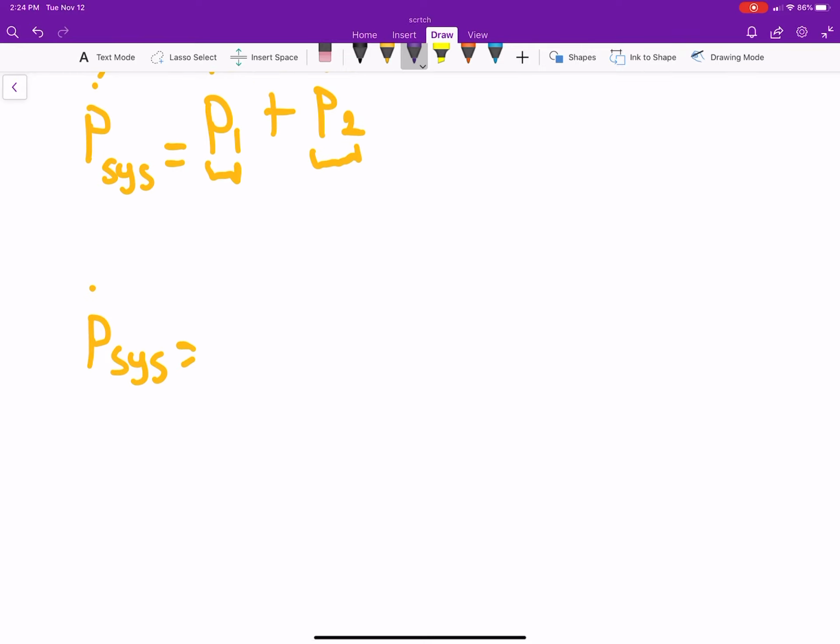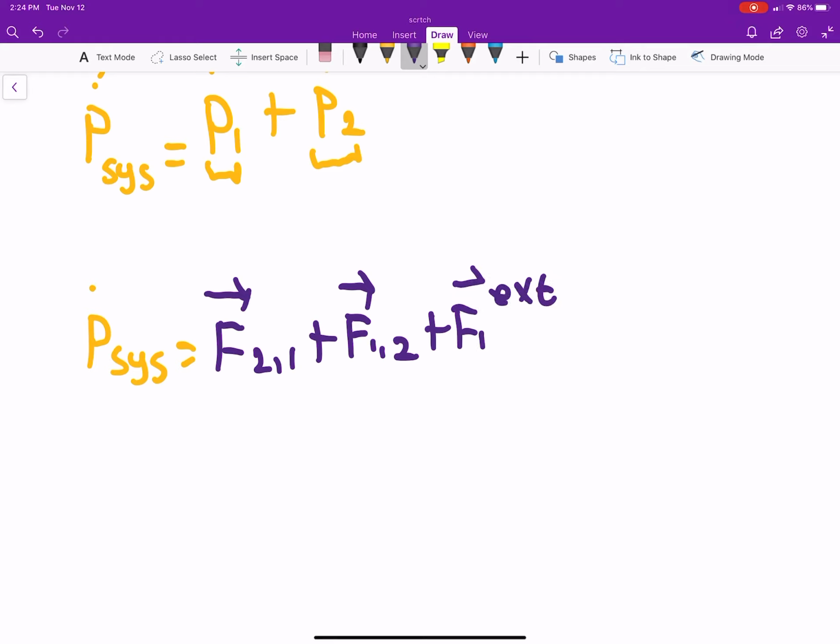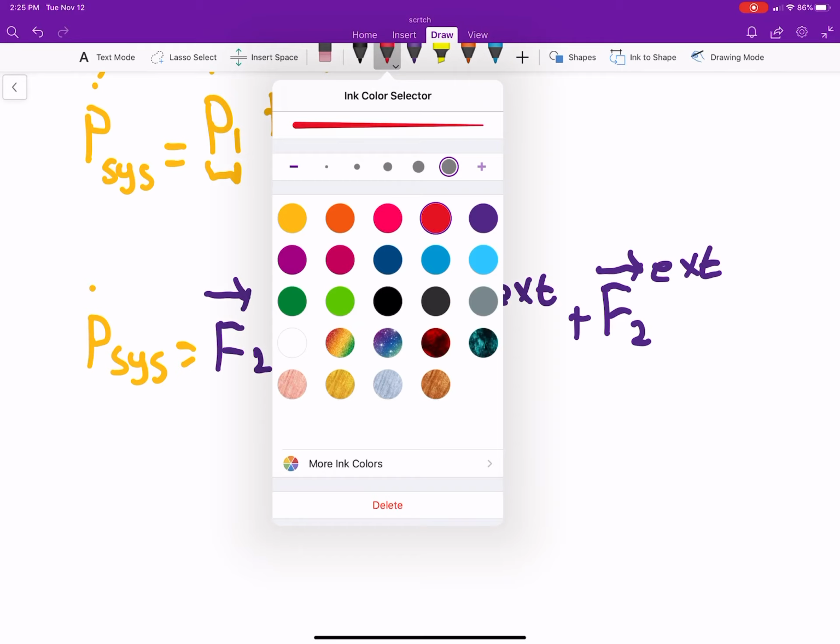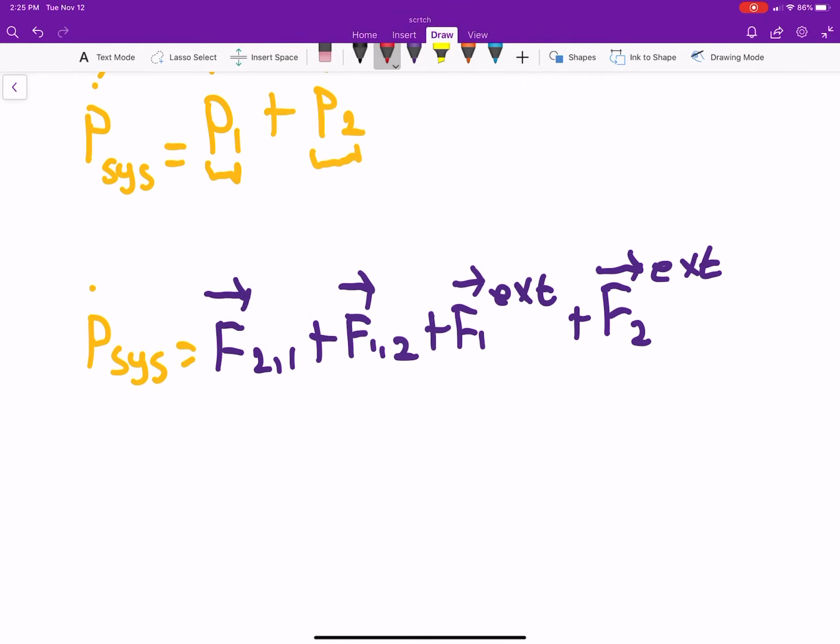The change in momentum of our system is F2,1 plus F1,2 plus F1 external plus F2 external. But we know from Newton's third law that these are third law partners. They're equal and opposite. So these can just go away, right?